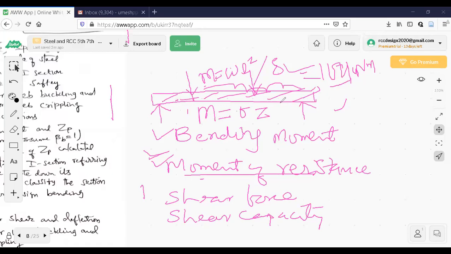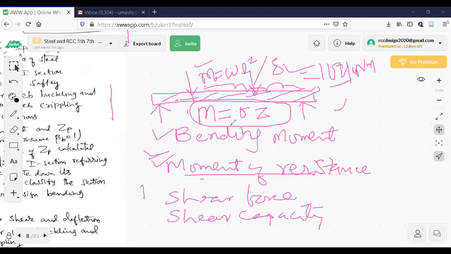Here the boundary condition is a simply supported beam. Loading is UDL. So M is equal to WL square by 8. Okay. Now this is how I calculate bending moment. Now my job is to find out moment of resistance. As you know, you can see this particular formula which is written here, sigma z.